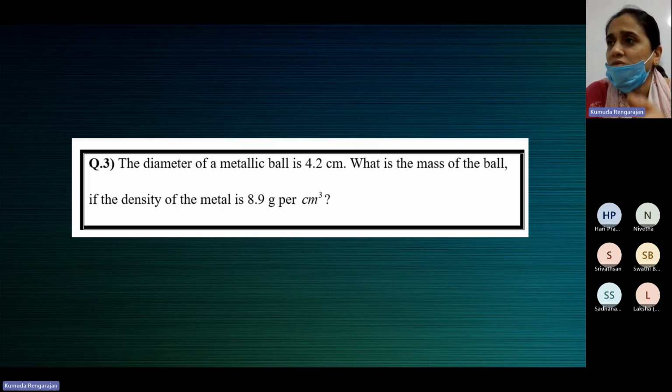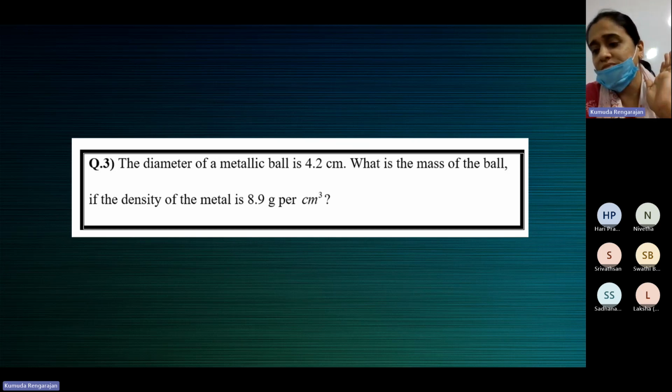What will be the mass? 1 centimeter cube is 8.9 grams, so 100 centimeter cube is 100 into 8.9 grams. Correct? And if the answer you get is more than 1000 grams, you need to convert that to kilograms.